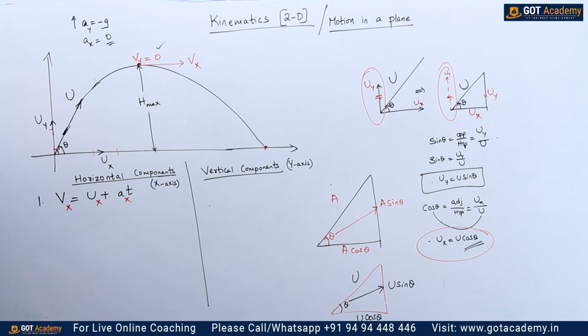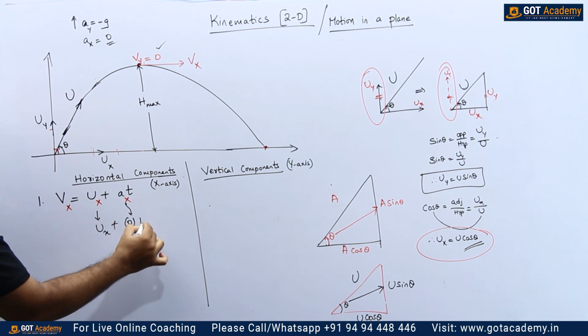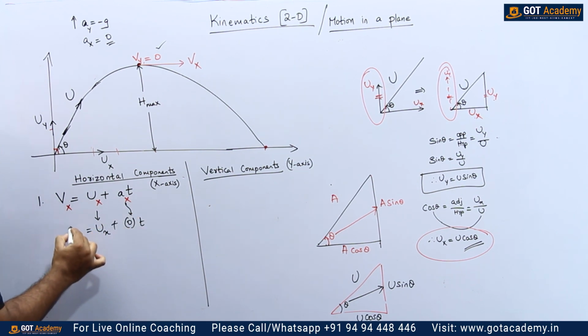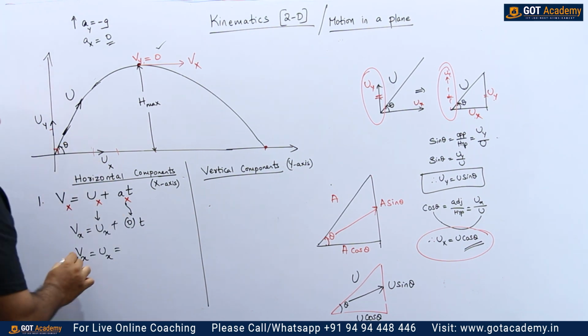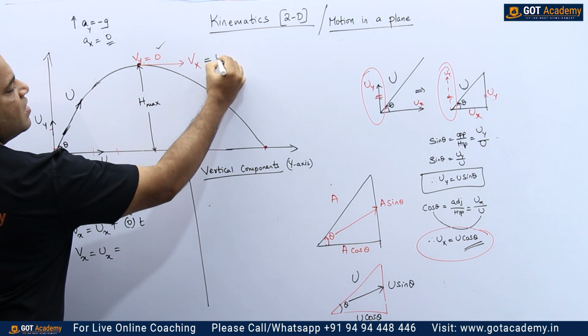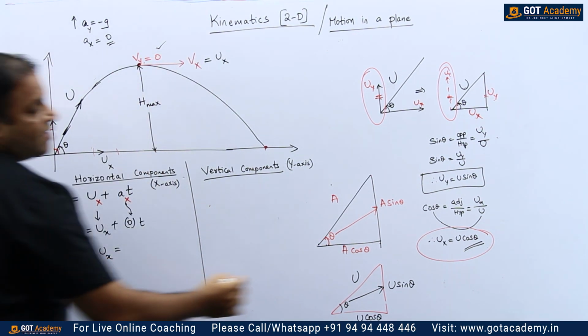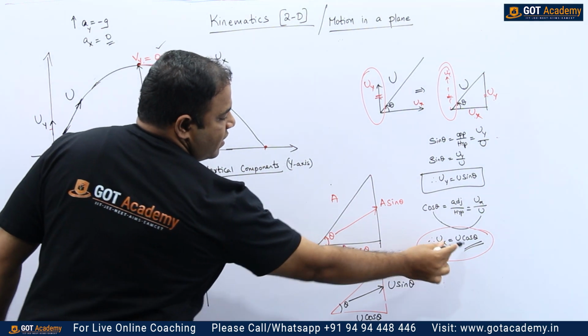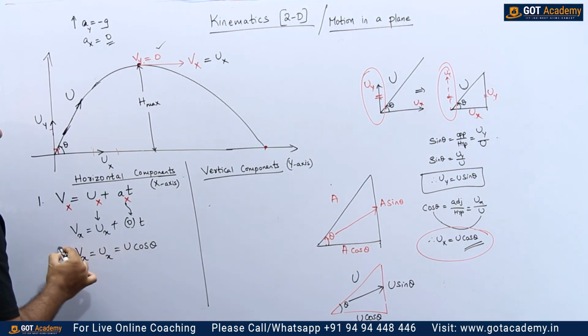So make use of everything. So this is ux and this one is 0, acceleration along x-axis. So the answer for x component of velocity is ux. This is universal truth. So wherever you want to find x component of velocity, it is always equal to ux. Okay. And ux here, as I mentioned, is equal to u cos theta.